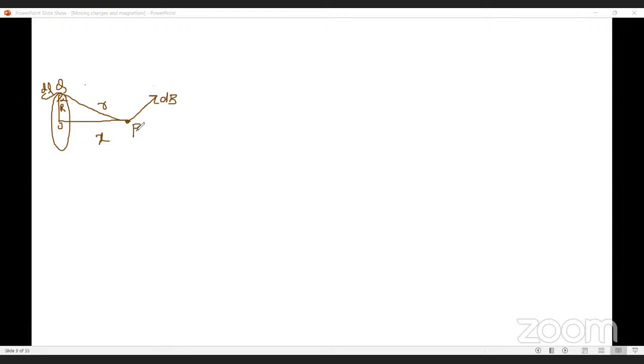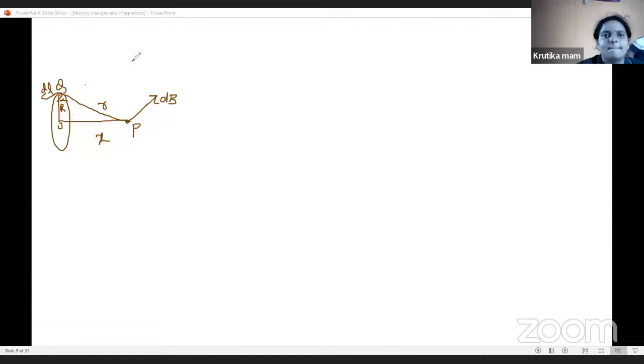Now this dB can be resolved into two components, students. What are the components? We learn vector resolution in first year. One component is dB cos theta, but here we have taken the angle alpha, so this is dB cos alpha, along the x-axis, and this is dB sin alpha.